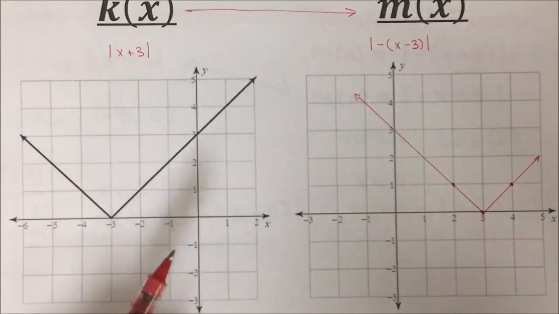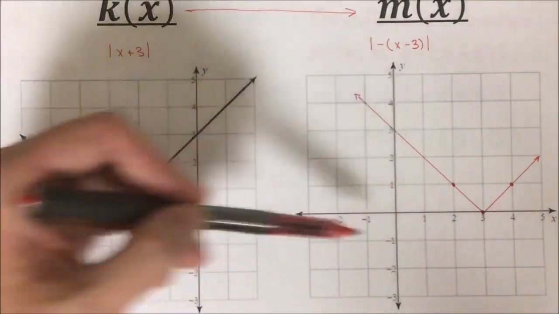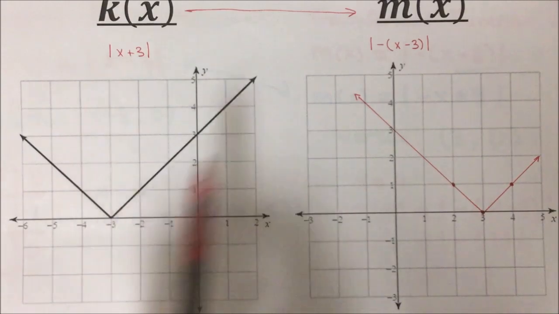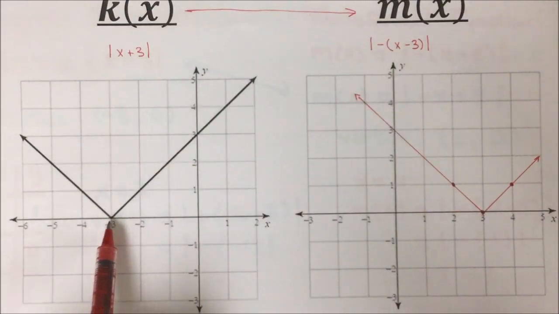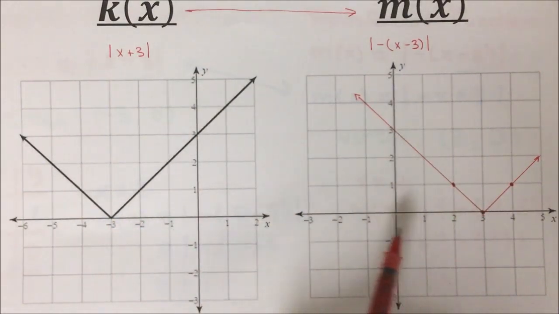Again, from the previous part, I said that whenever there's a negative, it's going to involve a reflection. So if you look closely, here's the y-axis between these two graphs. So if there's a negative inside the absolute value and in front of x, like in this example, basically what happened is that it reflected over the y-axis.